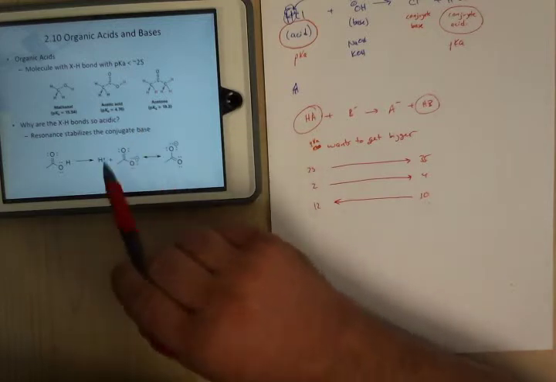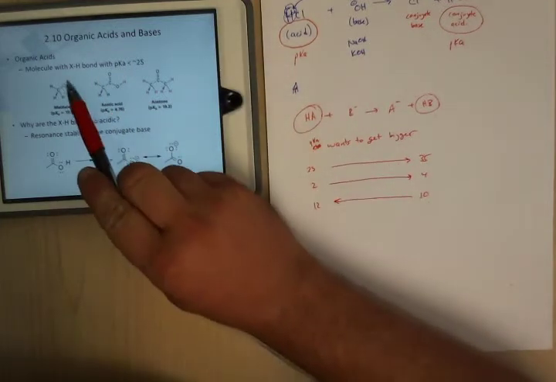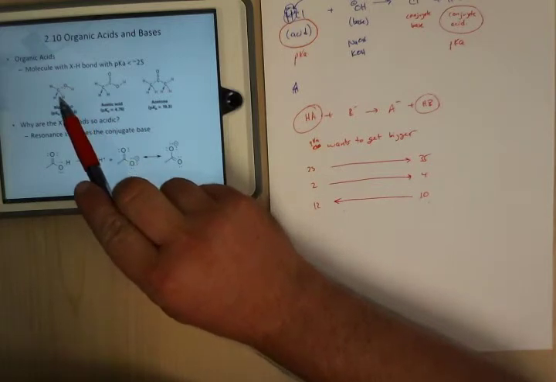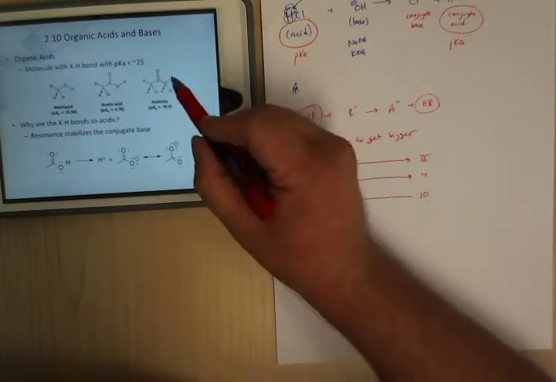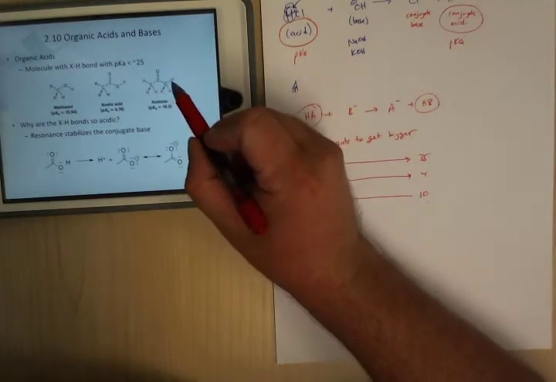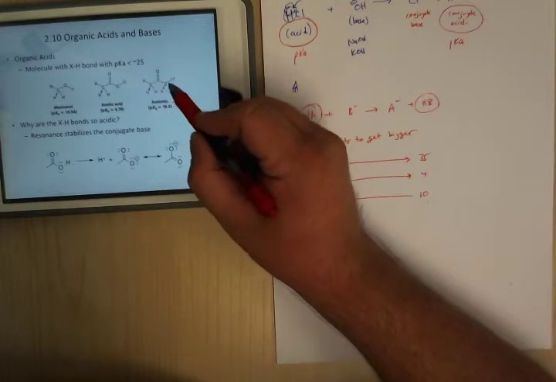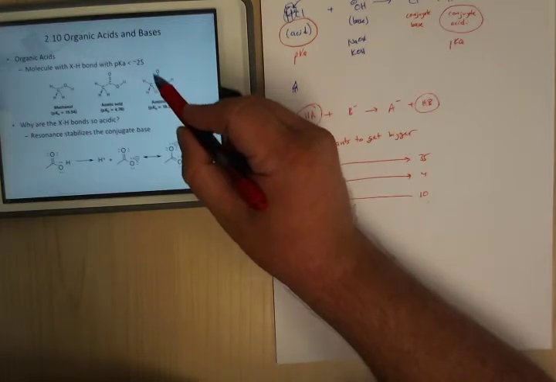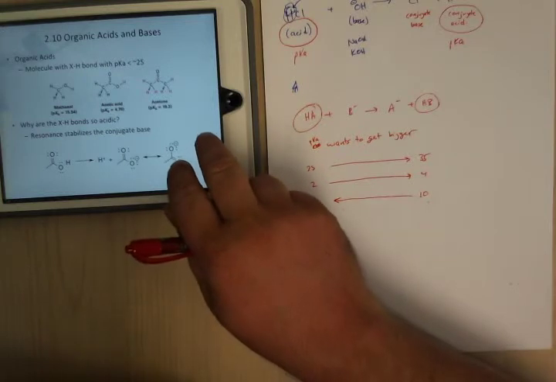No big deal, so it can go fairly easily. You don't have this resonance stabilization on this one, so the molecule is much more resistant to it happening. And actually this CH bond here has a very, very low pKa compared to a regular carbon-hydrogen bond, say like methane. Why? Because you can do resonance stabilization in here, so that carbon-hydrogen bond is much more likely to have the hydrogen pulled off.